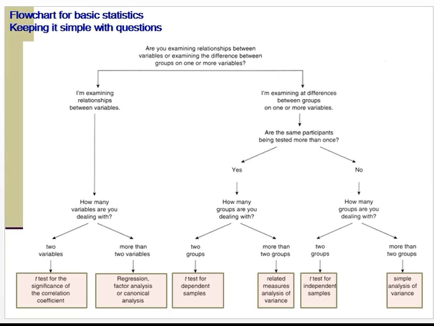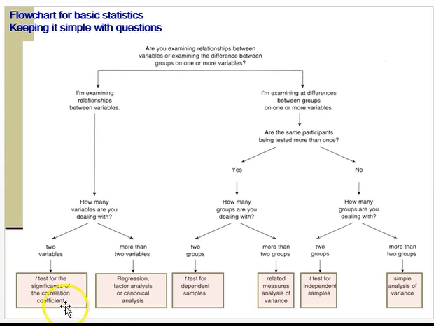And I'm just going to give you an example of some of these different dichotomous keys. So we start at the top, and notice this one starts out with really right off the bat, what's the research question? What are you focusing on? Are you looking for relationships between variables, or are you looking for differences between groups? If you're examining relationships, it brings you down to this branch, and then it asks you, okay, well, how many variables are you dealing with?